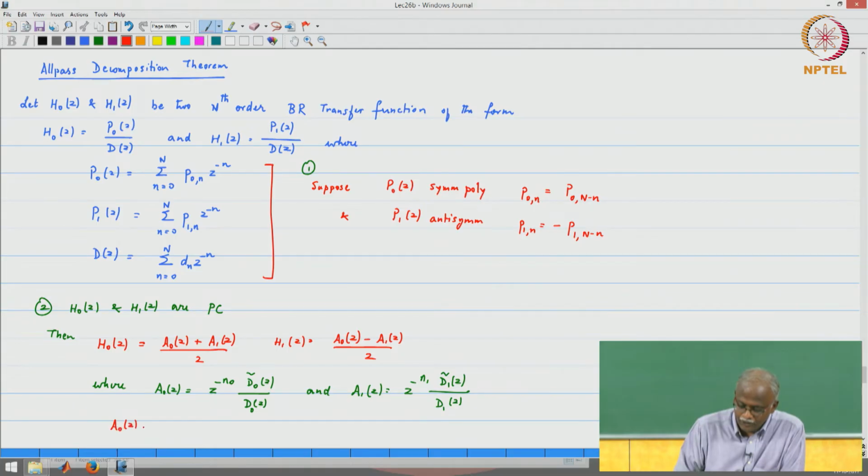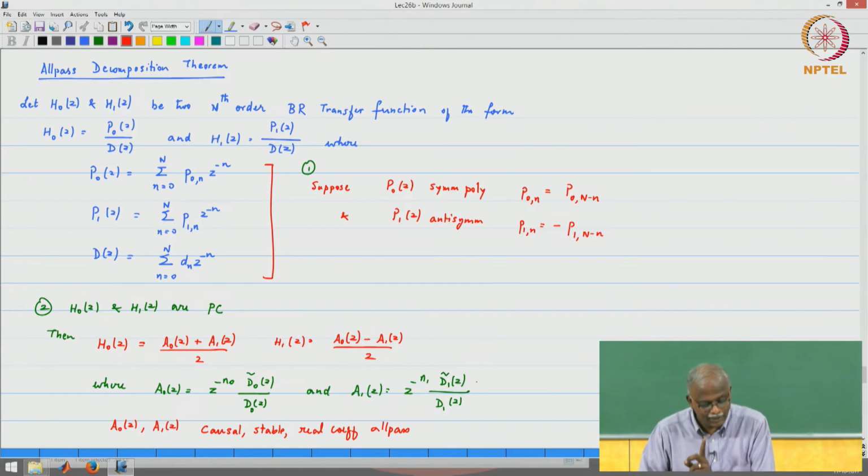A0 of z and A1 of z are causal, stable, real coefficient all pass functions, and the condition is that the overall order of the filter comes out to be n0 plus n1.